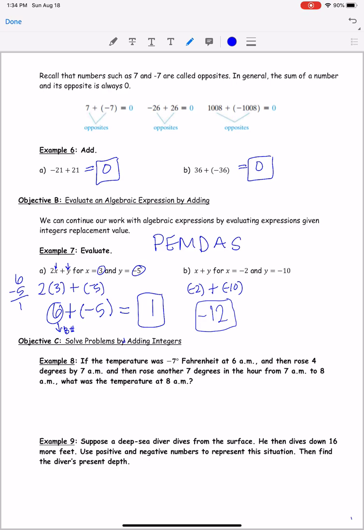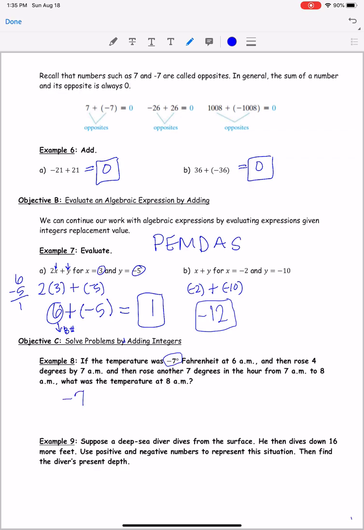Okay. C, solve problems by adding integers. Example 8. If the temperature was -7 degrees Fahrenheit at 6 a.m. and then rose 4 degrees by 7 a.m. and then rose another 7 degrees in the hour from 7 a.m. to 8 a.m., what is the temperature at 8 a.m.? So we first have that our temperature is -7 degrees.